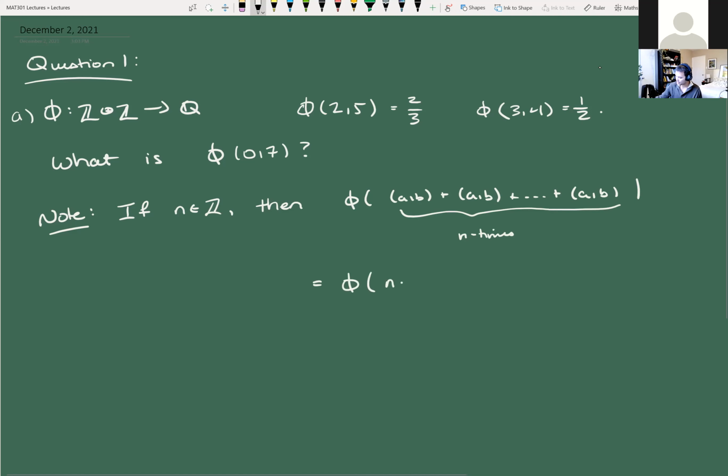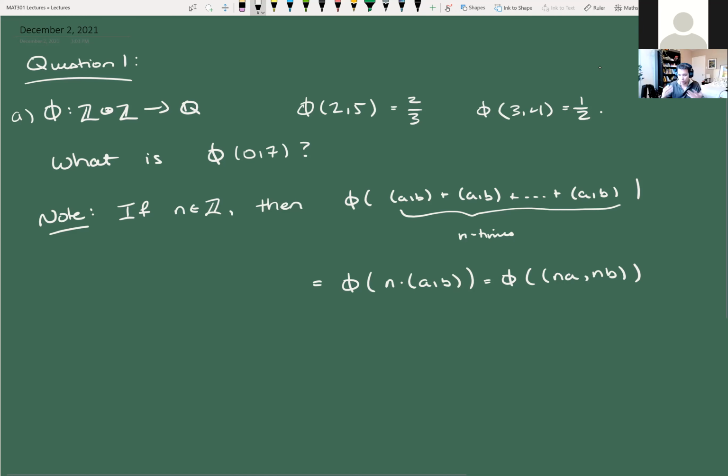So that's phi of n times (a,b). If we want to write it another way, we could put the n inside. We're thinking about this as a vector, and I can't take a scalar multiple by any real number. I can't add (a,b) to itself 3/2 of the time.